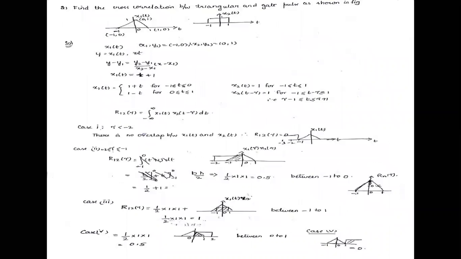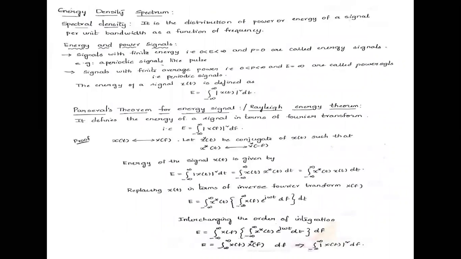Now in tomorrow's class, we can see the problems on autocorrelation and cross correlation. We have 2 examples. In tomorrow's class, we can see the 2 examples of autocorrelation and cross correlation. Okay. So any doubts?